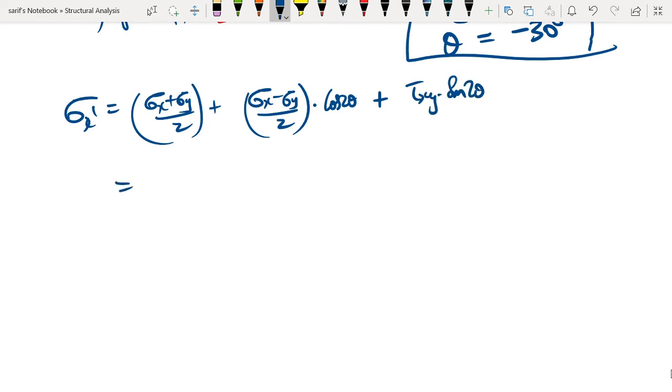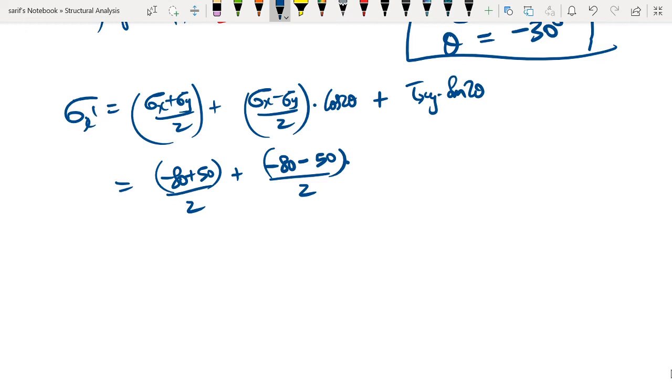So if we substitute the values, it is going to be minus 80 plus 50 divided by 2 plus minus 80 minus 50 divided by 2 into cos 2 theta.